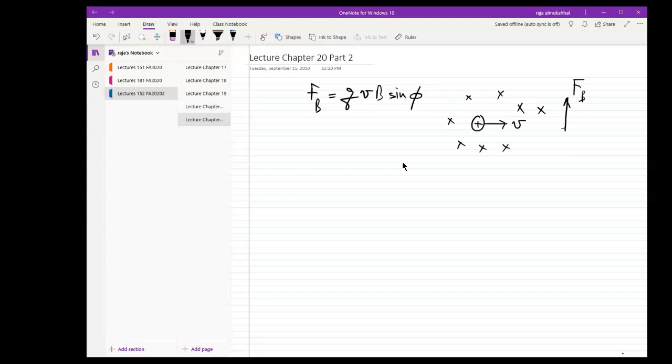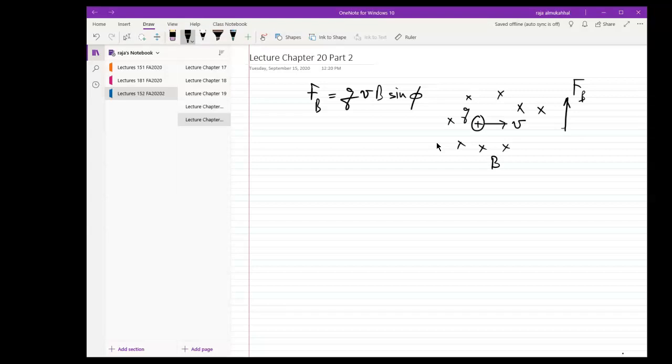That F sub B is equal to the magnitude of the charge, Q, multiplied by the velocity of the charge, times the intensity of the magnetic field in Tesla, times the sine of the angle, if there is an angle.